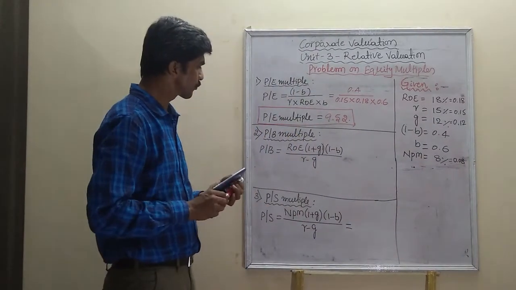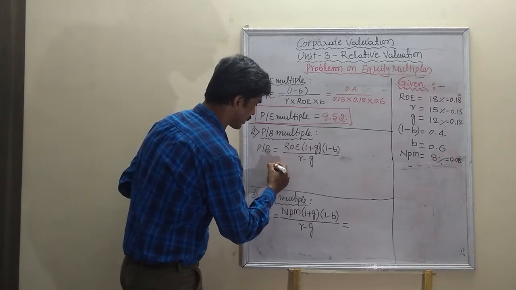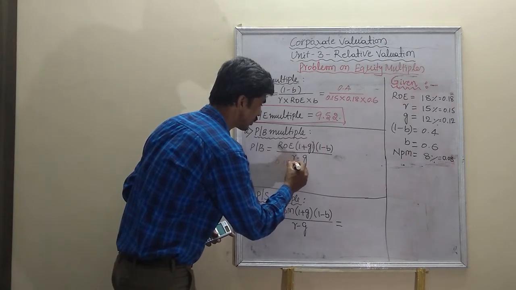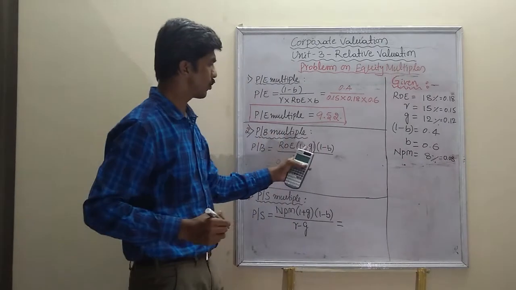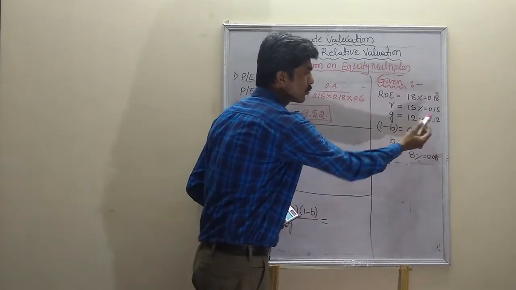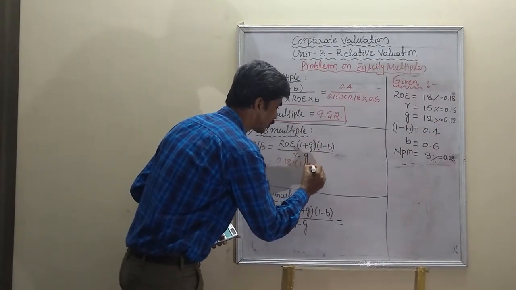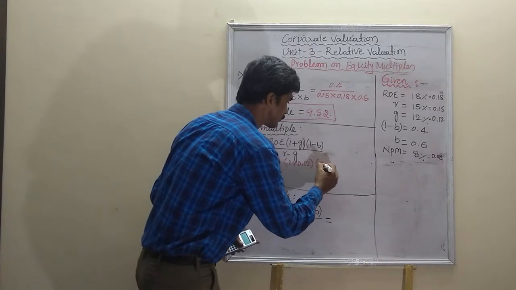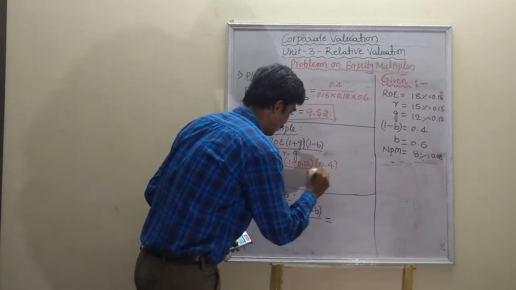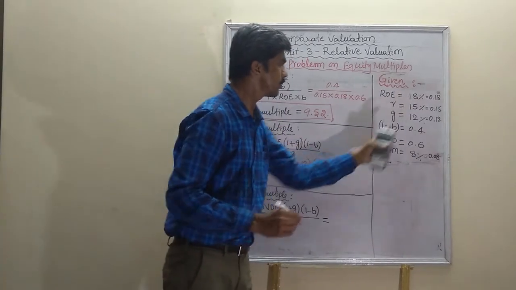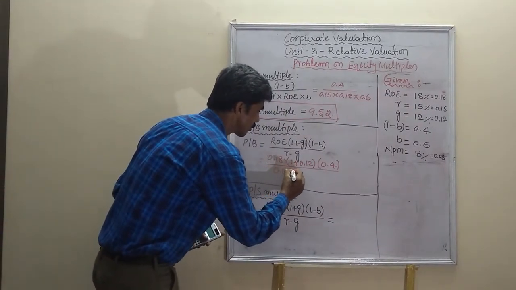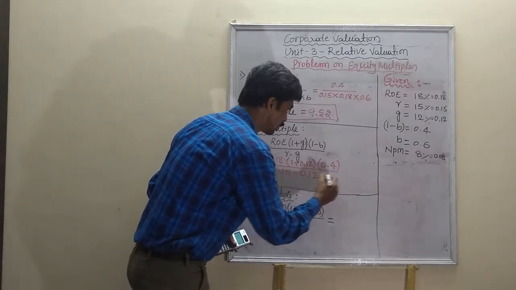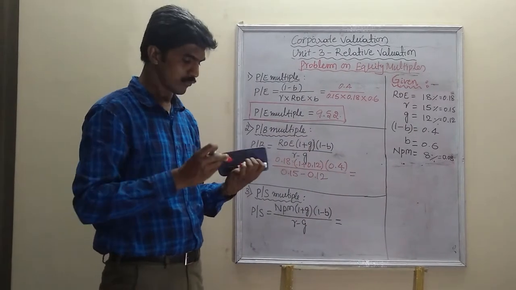We will substitute in the formula and we arrive at ROE, which is 0.18, into, open a bracket, 1 plus G. Here is the G value, that is 1 plus 0.12, into 1 minus B, that is 0.4, all divided by R minus G. R value is 0.15 minus G value 0.12. So we need to calculate the value for it.